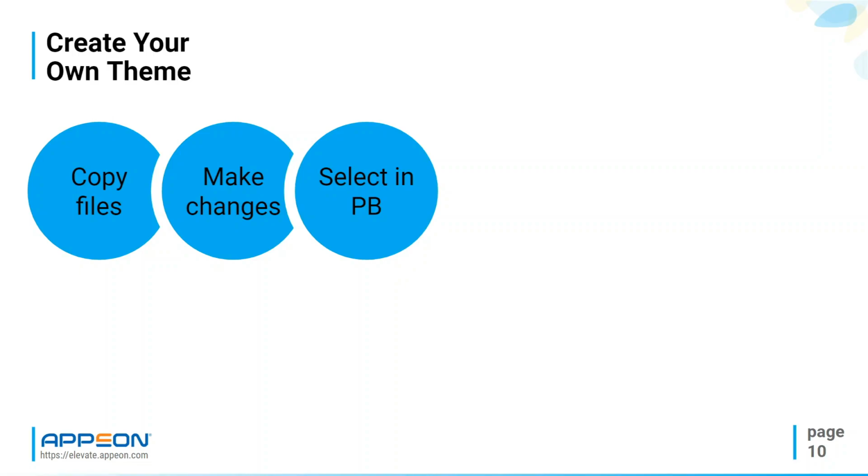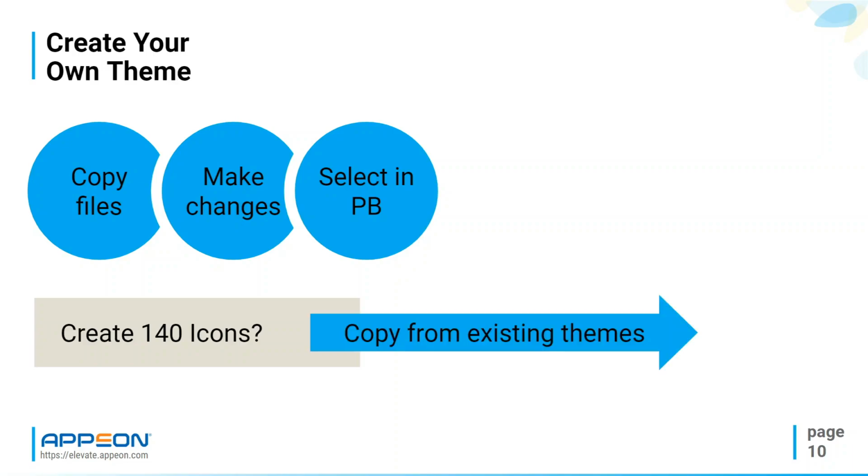But it's not just this JSON file for the themes, it's also 140 icons. You don't want to create 140 icons. That's pretty much of a pain. But fortunately, you can just copy those icons from existing themes. Maybe even combine the different default themes and then create your own set from that.